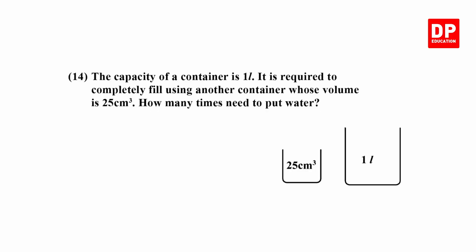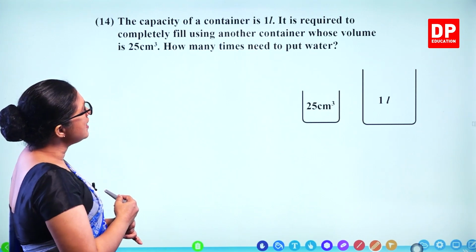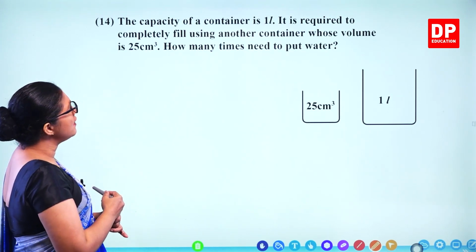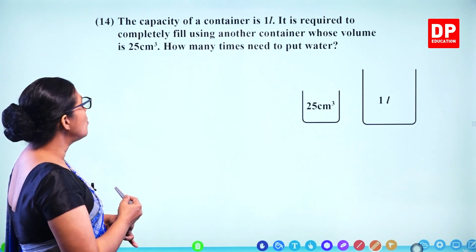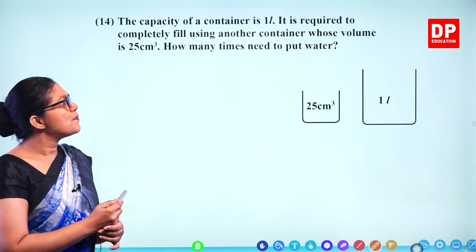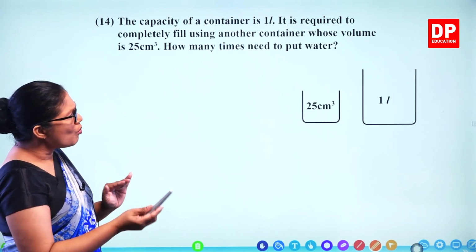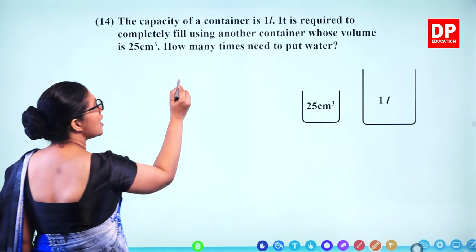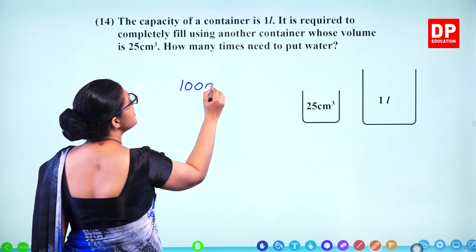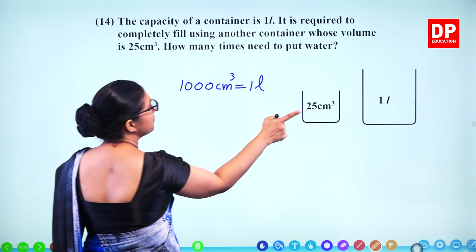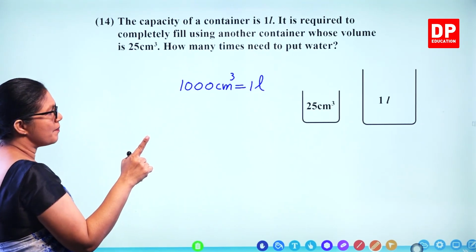Question number 14. The capacity of a container is 1 liter. It is required to completely fill using another container whose volume is 25 cubic centimeters. How many times need to put water? So liters and cubic centimeters. What's the conversion? 1000 cubic centimeters is 1 liter. We need to know that relationship.